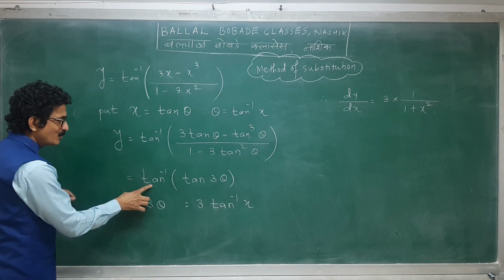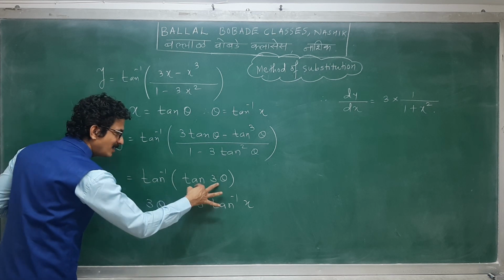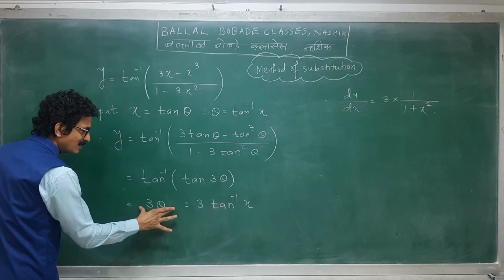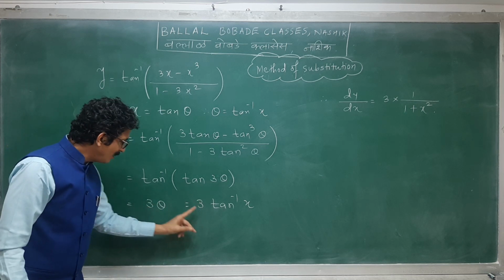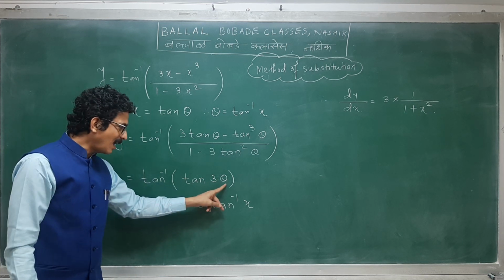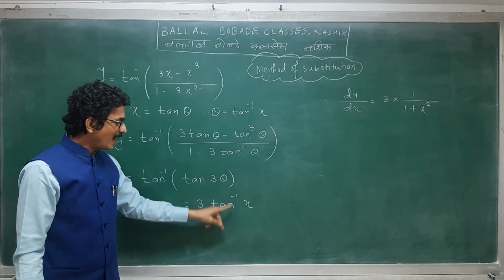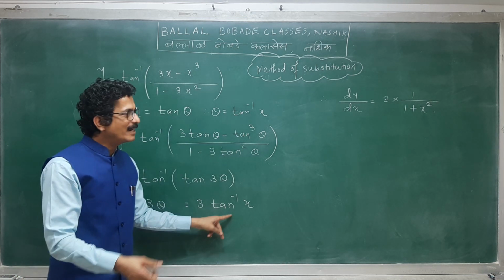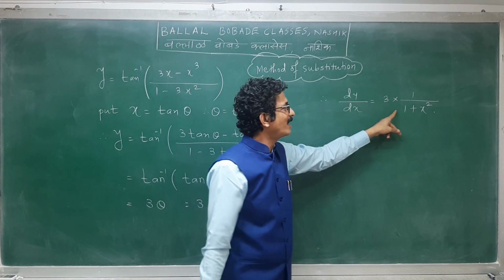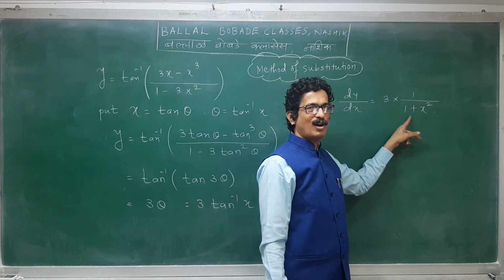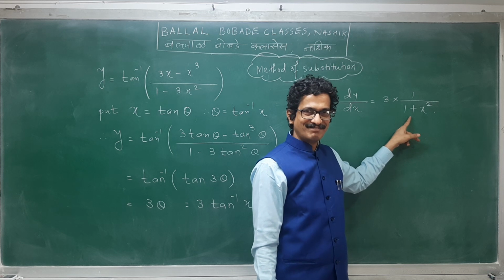So y becomes tan inverse of tan 3 theta, which can very well cut this. What remains is only 3 times theta. 3 remains as it is. Theta can be replaced by tan inverse of x and hence its derivative is 3 into the derivative of tan inverse x, which is 1 upon 1 plus x square.